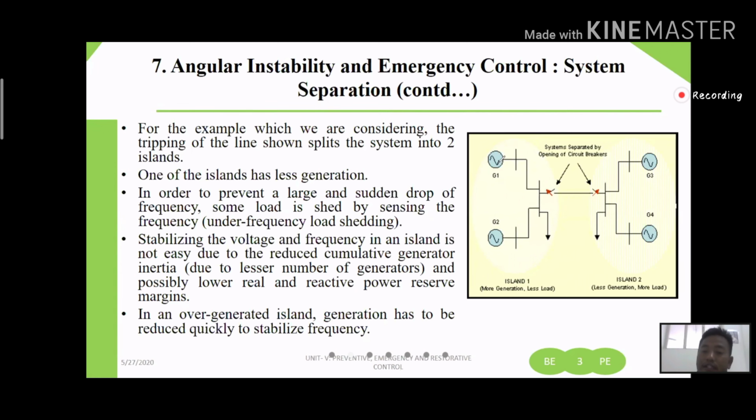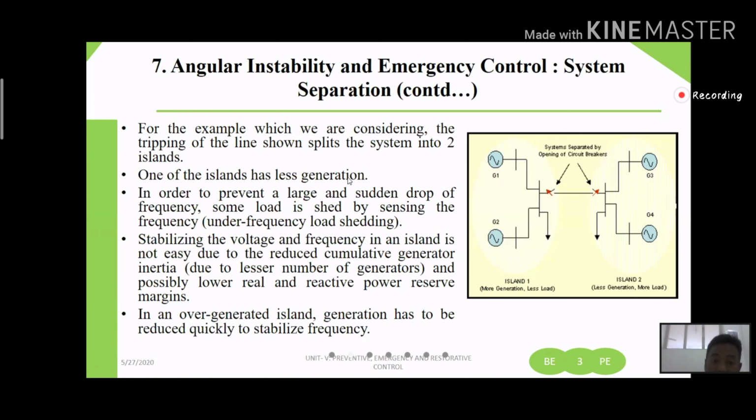When load is low, speed will increase, which means your frequency will increase, so some part has to be shut down quickly, right? This will be performed by the governor and then AGC, which we have installed. Okay, but this is a concept which we have to know.